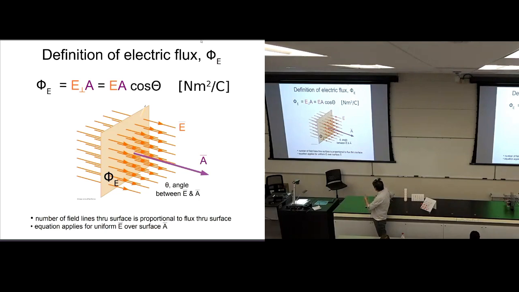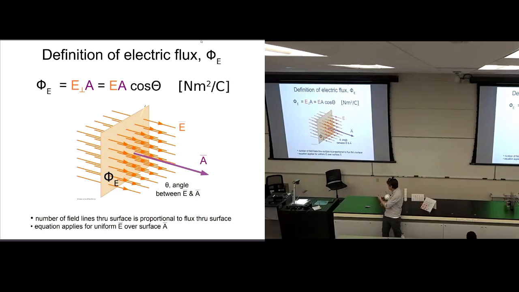I can represent the size and the orientation of this surface by this vector here in magenta. I called it A because it represents the area of the surface. It has a size that represents the number of square meters, or square centimeters, of the surface, and it has an orientation that represents the orientation of the surface.